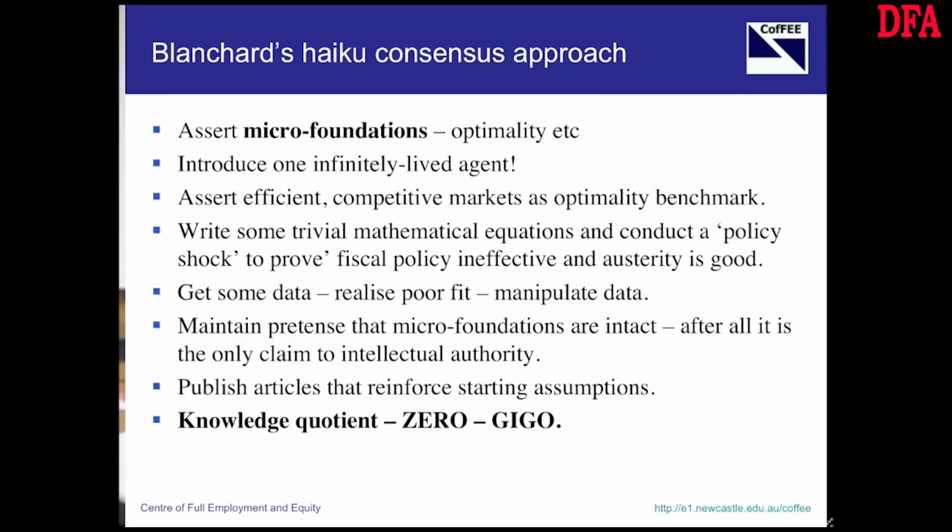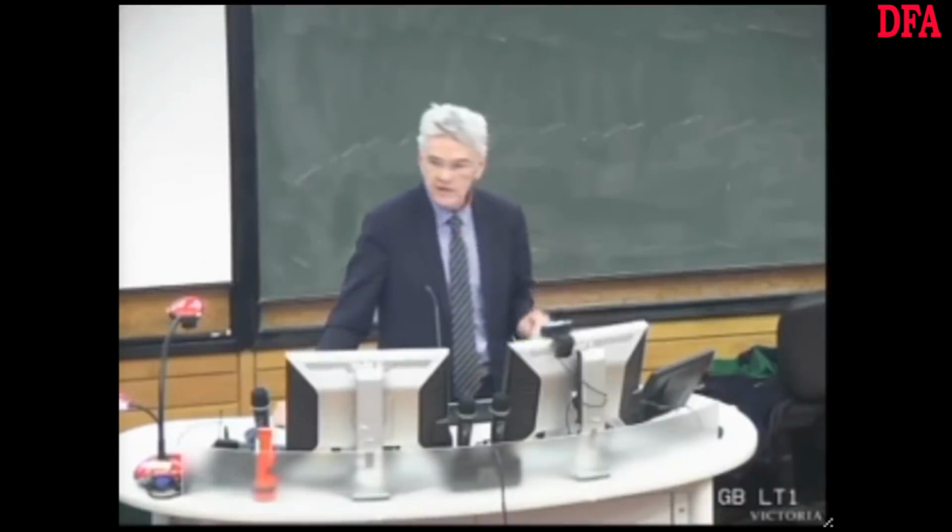And then we get some data and we realise our models don't fit the data very well, and they fail, so therefore we manipulate the data, and in doing so we violate all of the original starting assumptions anyway, which was our appeal to the authority of the knowledge, and we then publish articles and we get promoted. The knowledge quotient in that exercise, which goes on every day in our academic departments, is zero. That's zero knowledge being produced. It's ideological propaganda that's being produced.